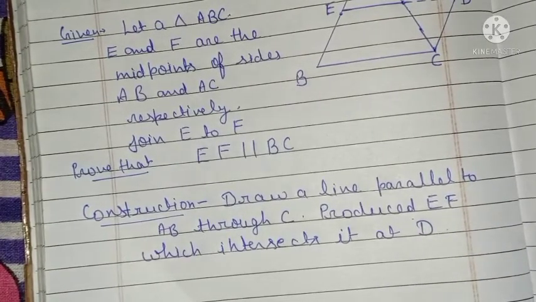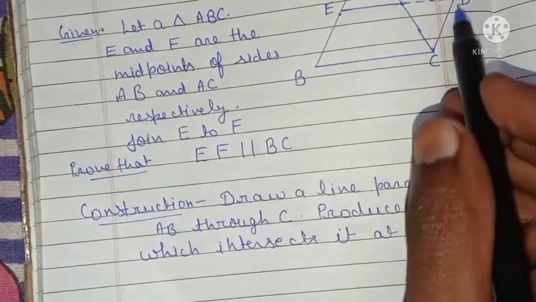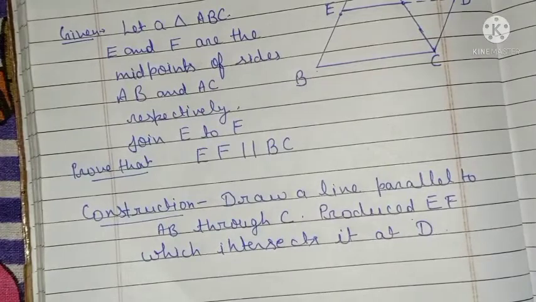Student, we have to prove EF parallel to BC. For this, we have to prove that BCDE is a parallelogram. Let's prove it.